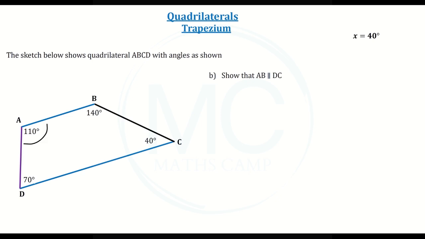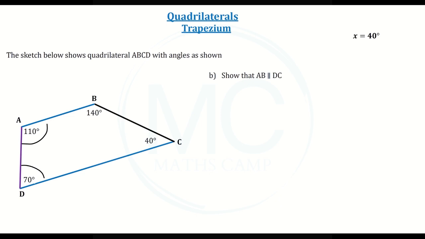Angle A and angle D both lie between the parallel lines on the same side of the transversal line, so they are co-interior angles. And we know from our previous videos that if two lines are parallel, then co-interior angles are supplementary. So in this case, if we can show the two co-interior angles are supplementary, we can then prove the two lines are parallel.